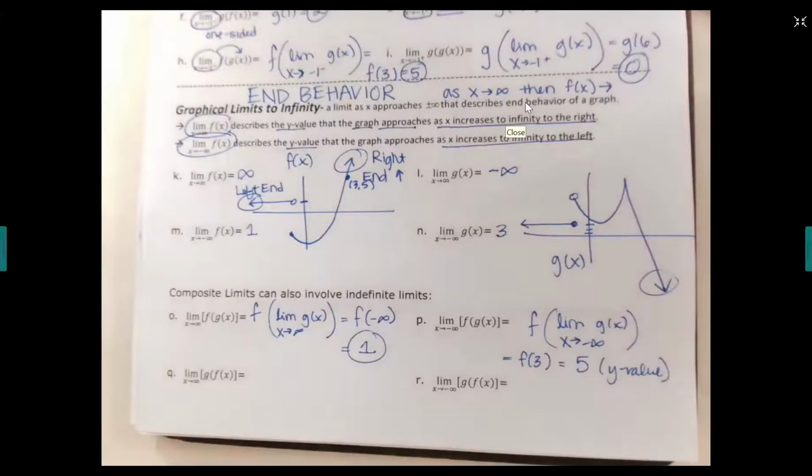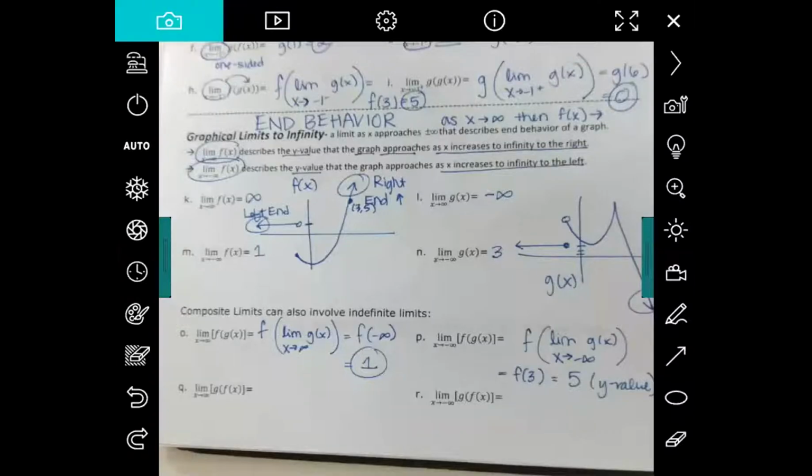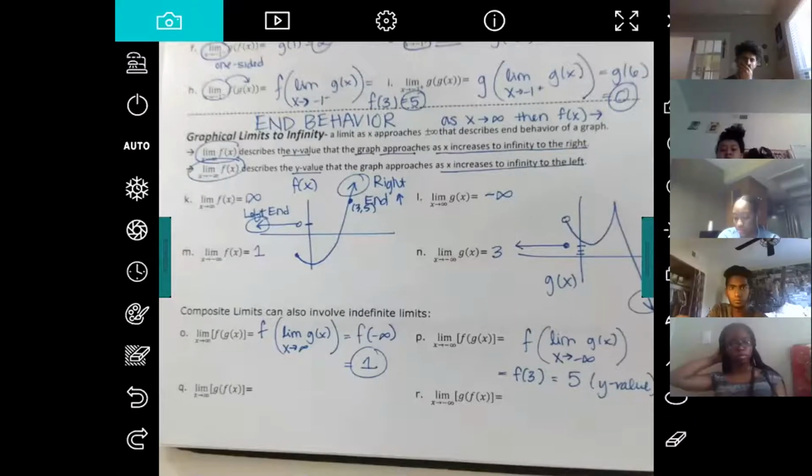So when you are doing a limit to infinity, your goal is to look at the end behavior of the graph. So if x is approaching infinity, you're looking at the y value on the right end of the graph. If you are doing x towards negative infinity, then you're going to be looking at the left end of the graph.